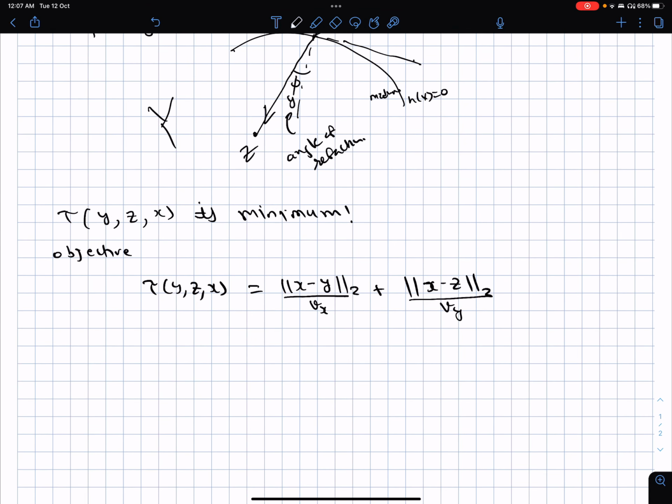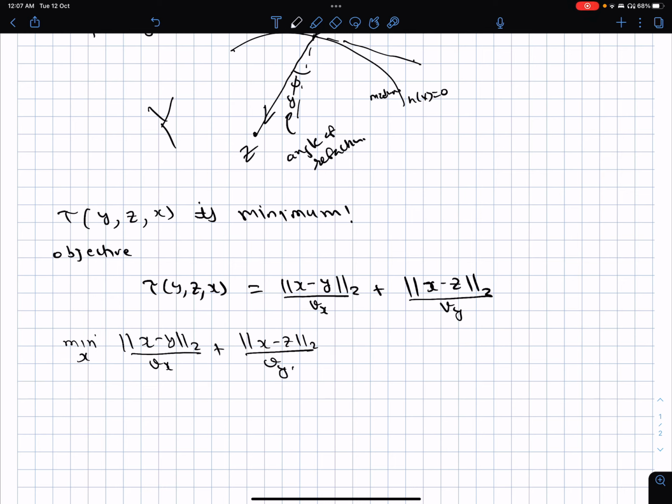Now our objective is to choose x such that this is minimum.